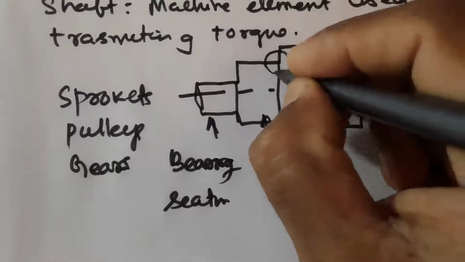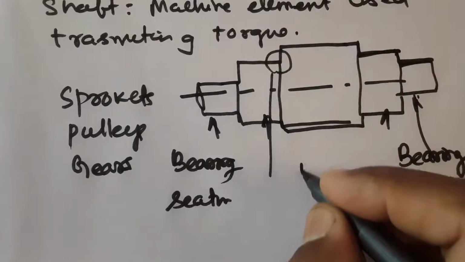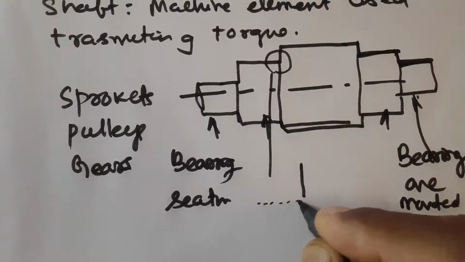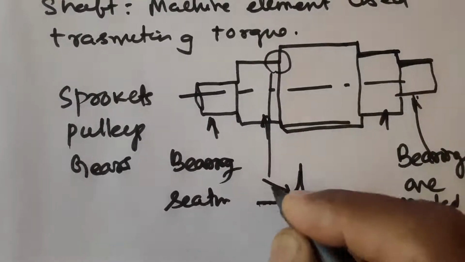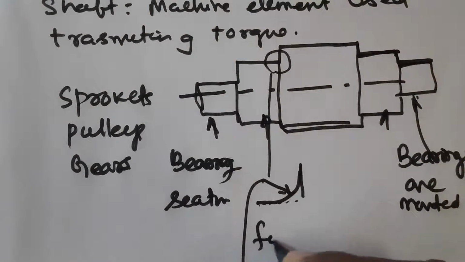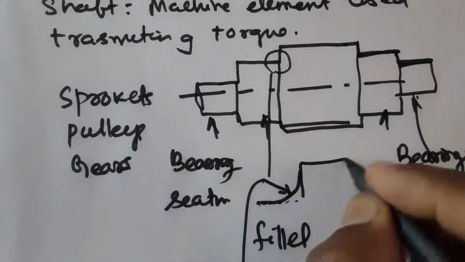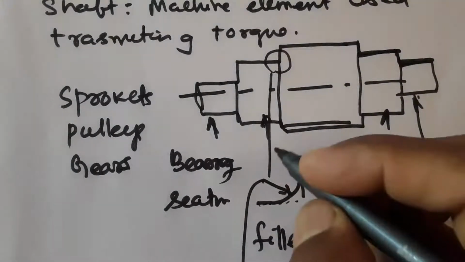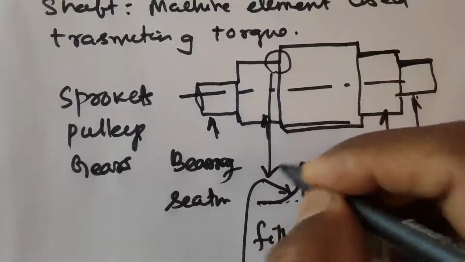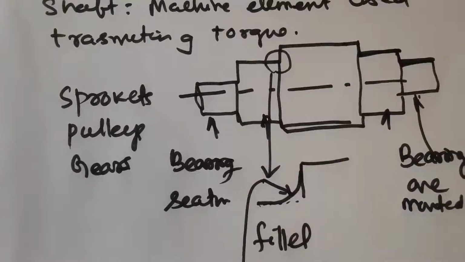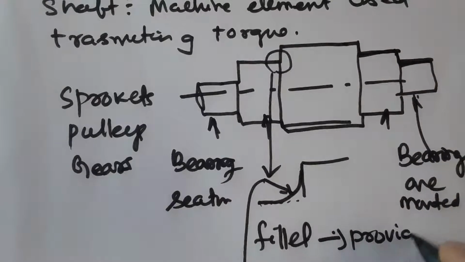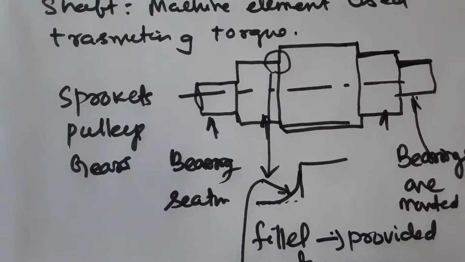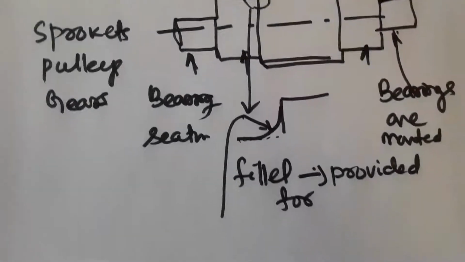If I take out this and give an exaggerated view of it, it is not perfectly a right angle. It is actually having some fillet. So this is the fillet, and this is the exaggerated view. The fillet is provided for reducing the stress concentration.